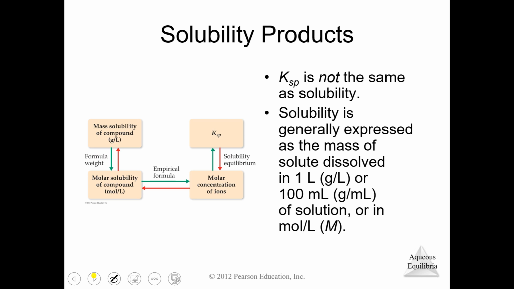So we can say grams per liter, grams per milliliter, or moles per liter. There's always that compound unit, and you know which one to use based on the information you're given in the problem. If you're given moles, you're going to use molarity. If you're given grams, you're going to use either liters or milliliters, depending on what you're given.